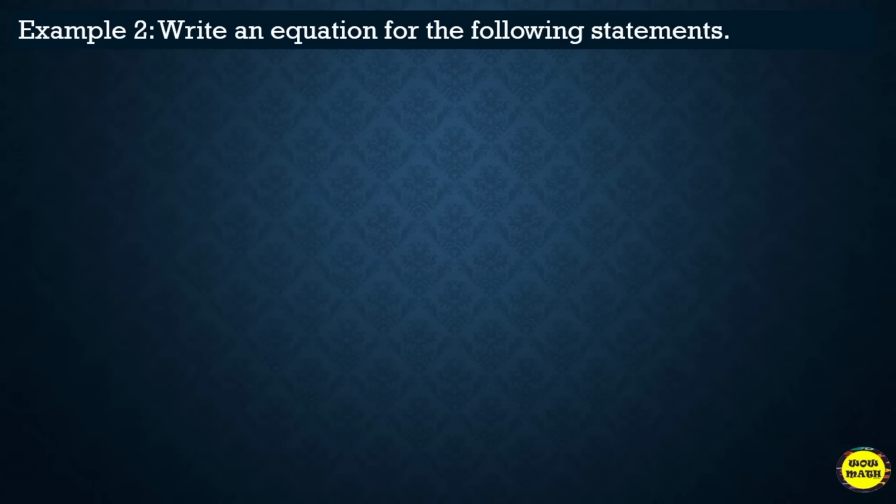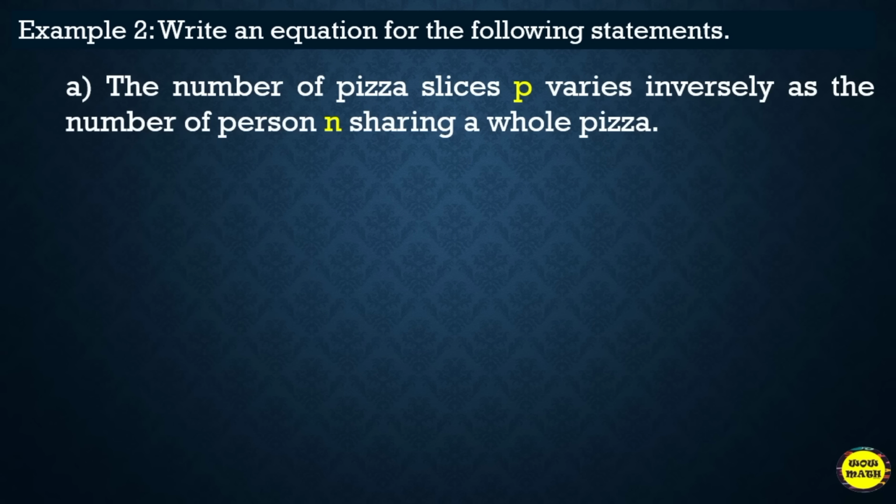Another example. Write an equation for the following statement. Given the following mathematical statement, we will translate it into an equation. For example, the number of pizza slices P varies inversely as the number of persons N sharing a whole pizza.